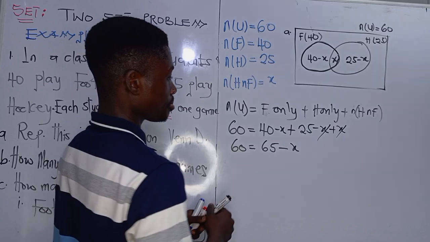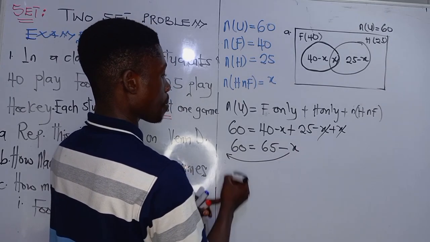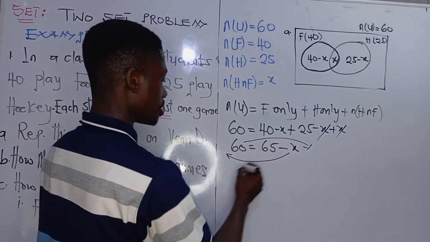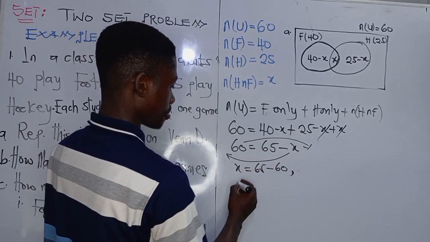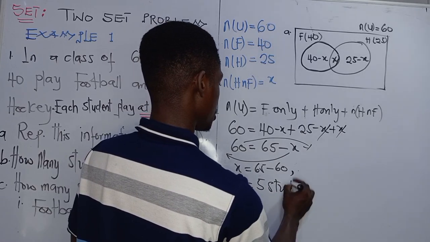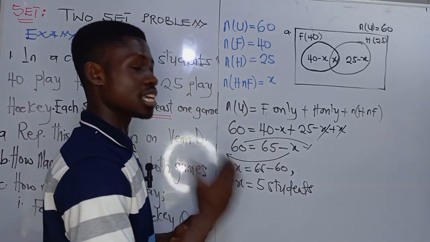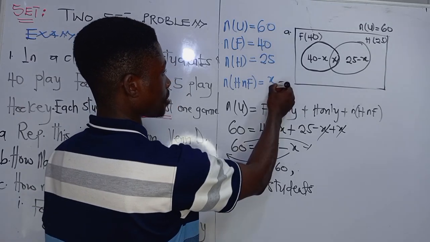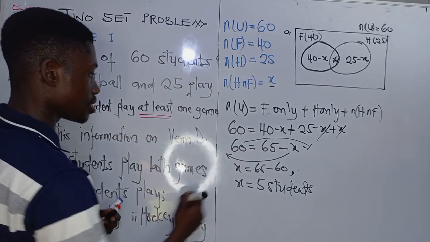So what do we do? We just transpose this side to that side and that to the other side. Our X is equal to 5 students. So the number of students who play both games are 5 students, and that's the intersection. Now we are done with B. So this is B.